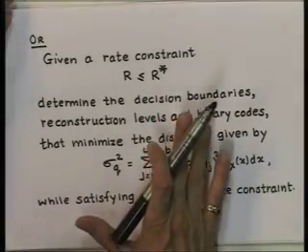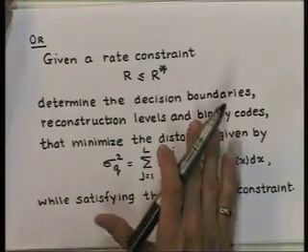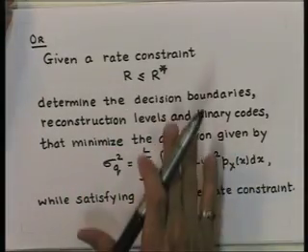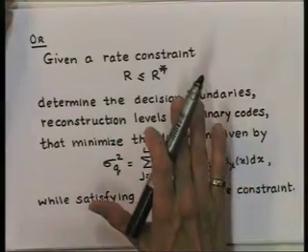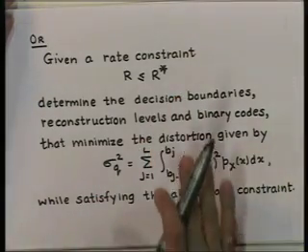Now, this problem statement of quantizer design, while more general than our initial statement, is also substantially more complex. However, in practical applications, there are situations in which we can simplify the problem.